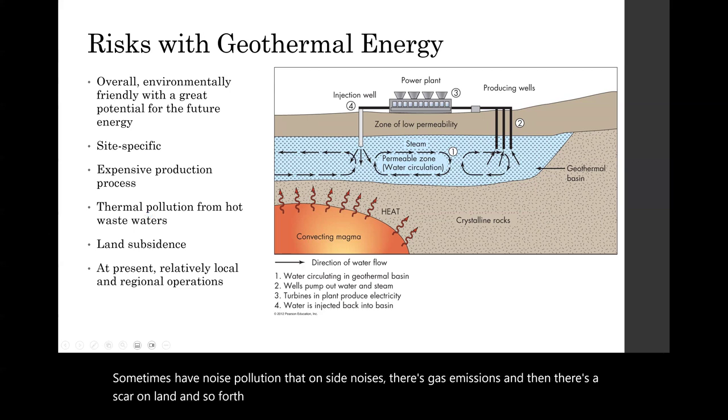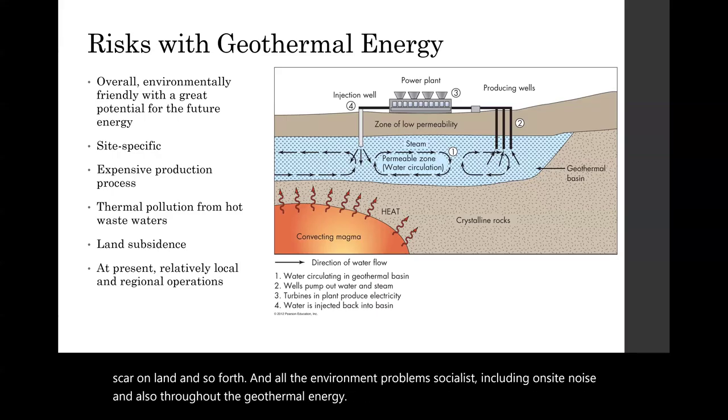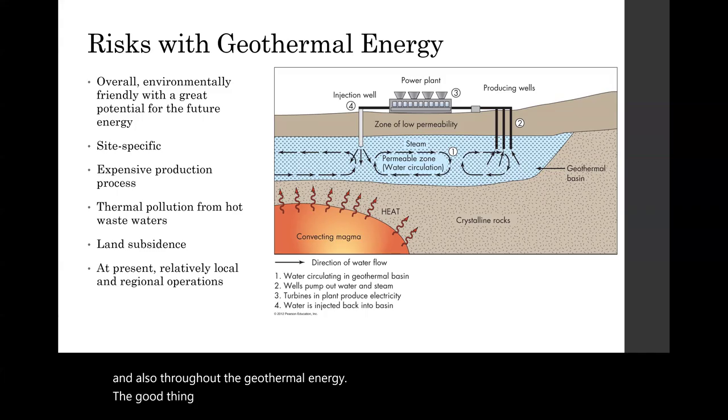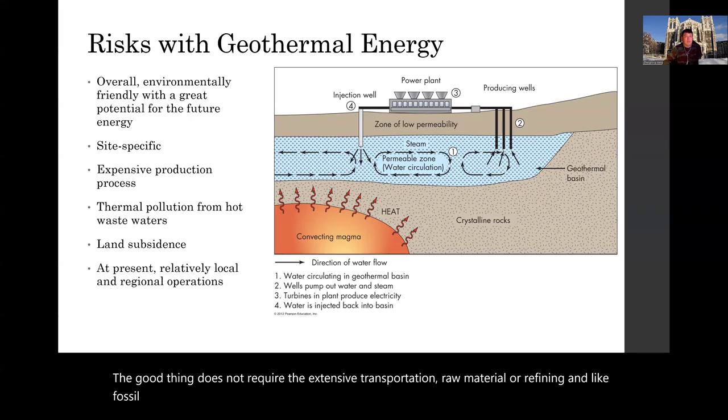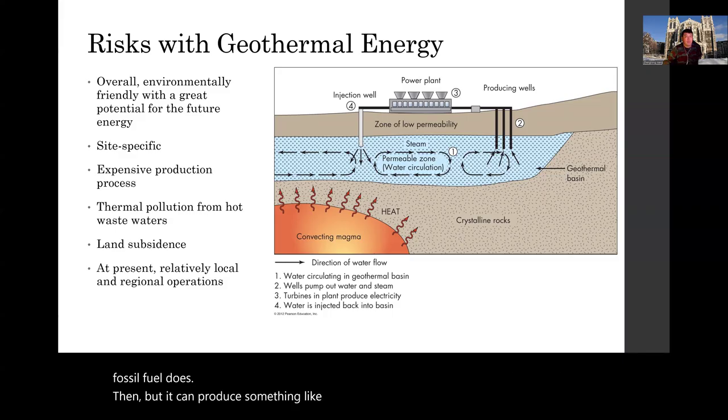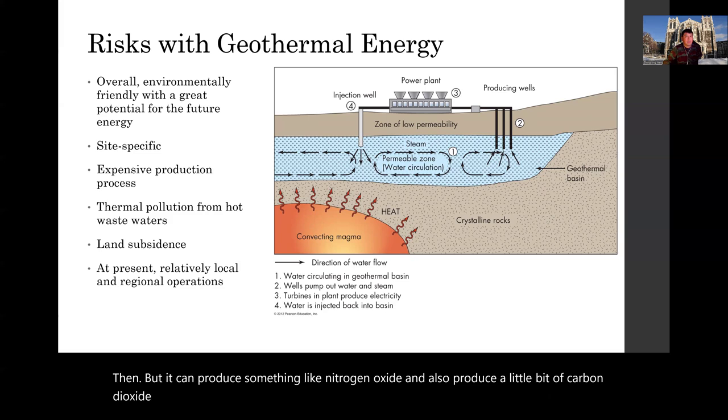The good thing is, it does not require extensive transported raw material or refining, like fossil fuel does. But it can produce something like nitrogen oxide, and also a little bit of carbon dioxide compared with coal burning power plants producing a comparable amount of power.